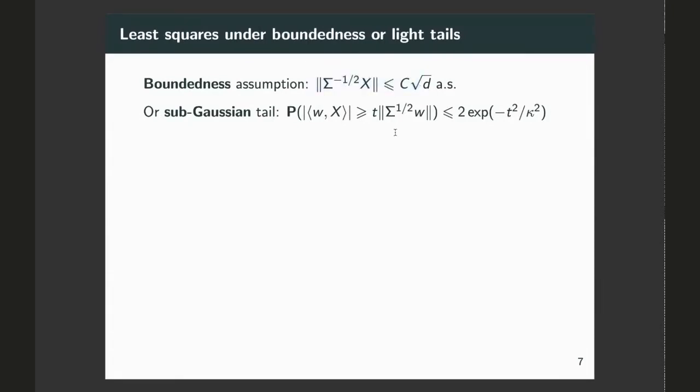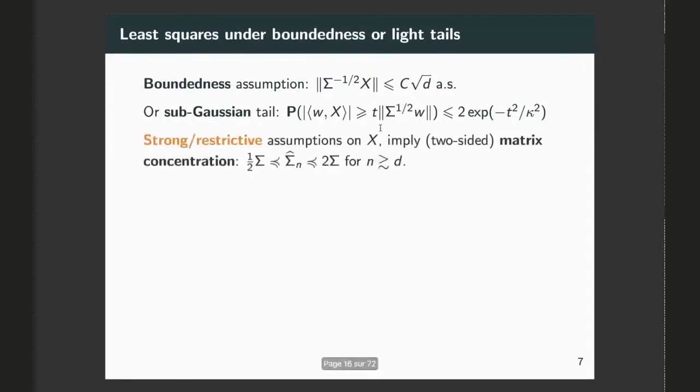or that it's sub-Gaussian. What I mean by sub-Gaussian is not super important, but basically it means that the one-dimensional projections are bounded in terms of those of a Gaussian distribution with the same covariance. These are both quite restrictive assumptions, especially in high dimension.